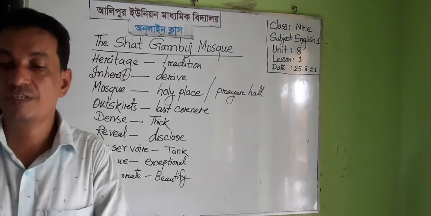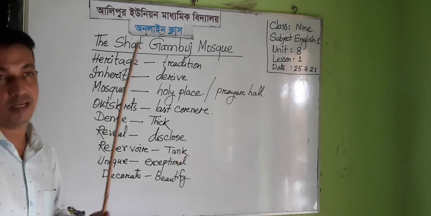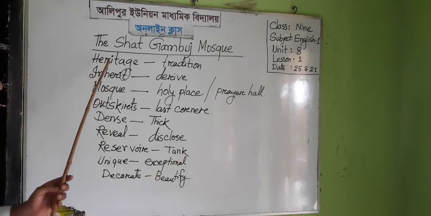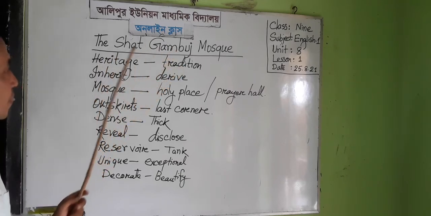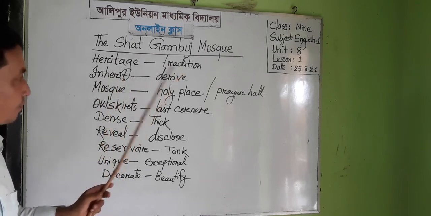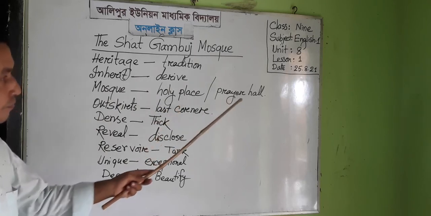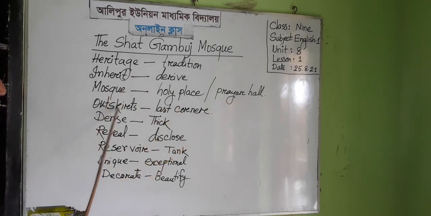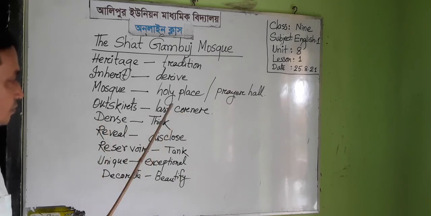So dear students, again I am reading out the words and their meaning. Heritage means tradition. Inherit means derived. Mosque means holy place or prayer hall. Outskirts means last corner. Dense means thick. Reveal means disclose.